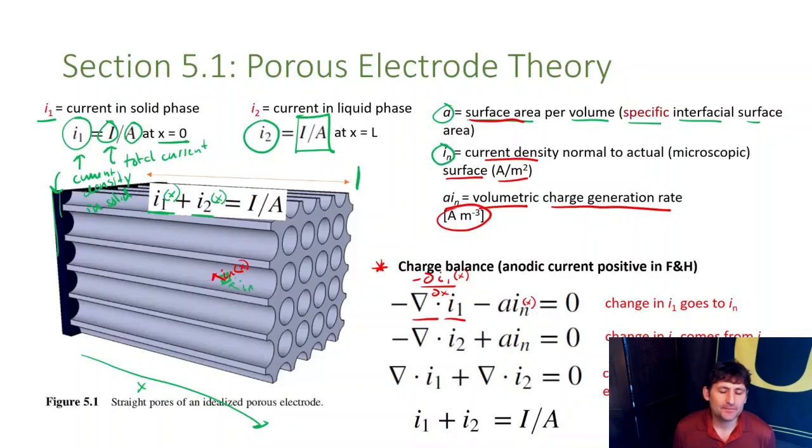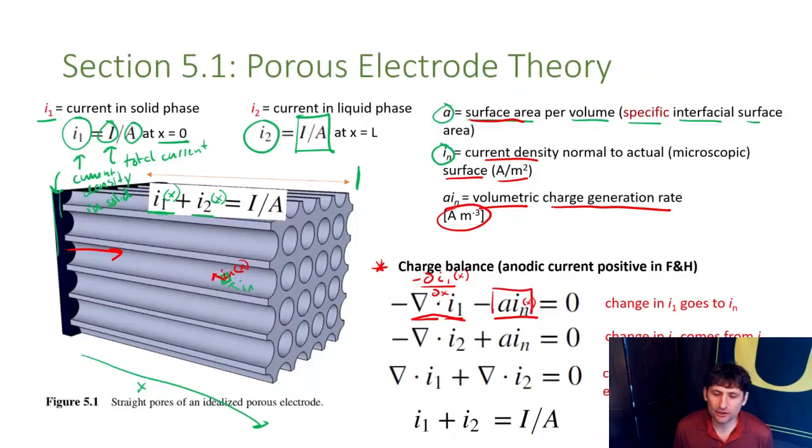It says that if the current moving through the solid goes down, that current has to go somewhere. So current is continuous, so if the current moving in the solid goes down, that current has to transfer across the interface, going from solid to liquid.